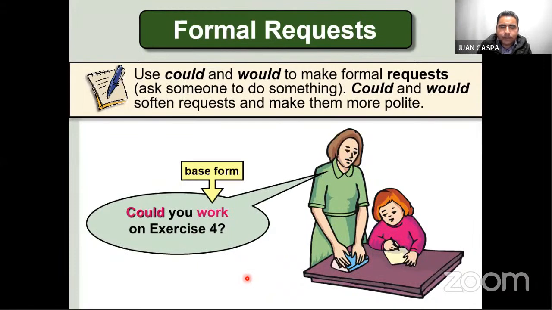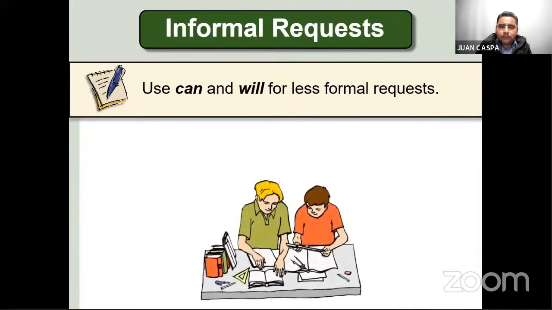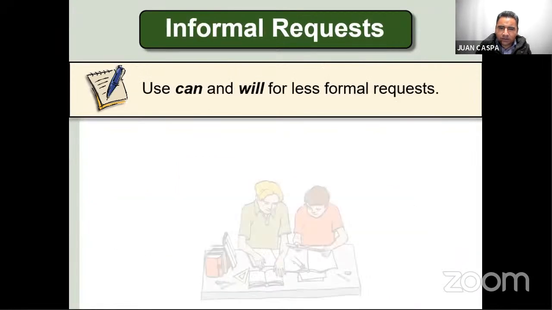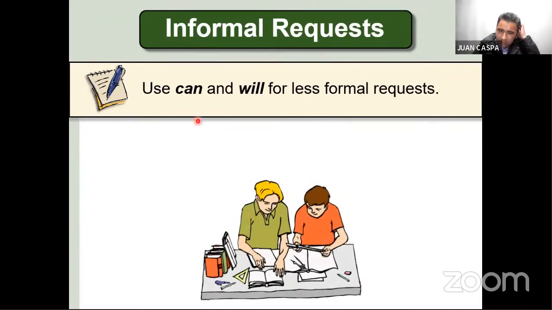Teacher, what does soften mean? Es suavizarlo, es como, you know, soft, right? Hacerlo más suave las preguntas, y hacerlo más educado, ¿no? Más gentil cuando utilizamos could and would. These are formal, son formales, ¿no? But informal requests are can you and will you. Es un poco más informal, no es muy gentil, es normal.